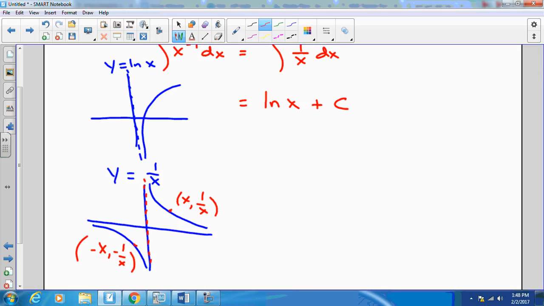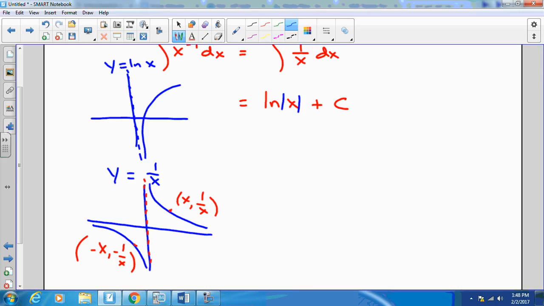And so it occurs to me that if I were to take this graph of natural log x and simply reflect it about the y-axis, then I would get a function that has all the right slopes in all the right places. And to reflect this about the y-axis, I simply need to take the absolute value of the argument. So the true general antiderivative of 1 over x is actually the natural log of the absolute value of x.